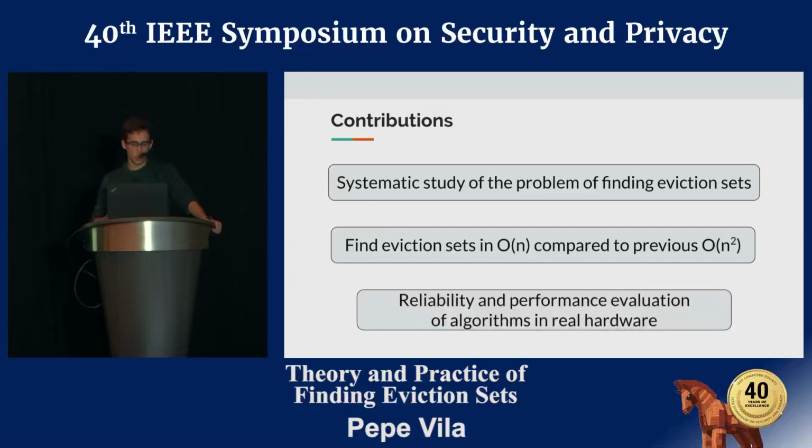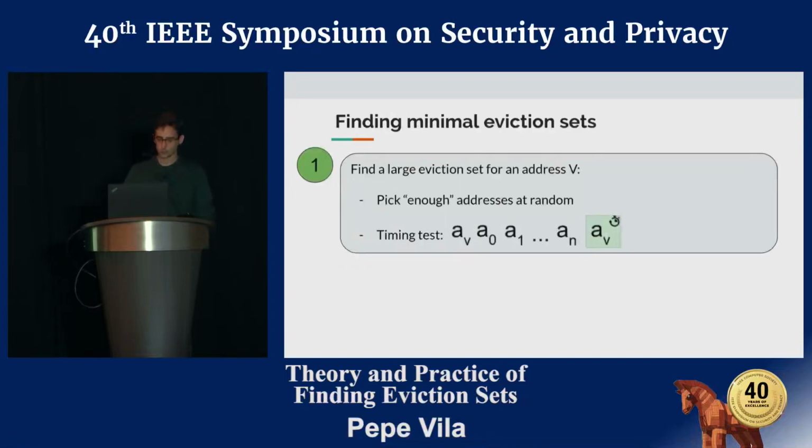And finally, we perform a reliability and performance evaluation of these algorithms on real hardware. This is important because, as we will see now, this contribution is not only a theoretical improvement; our algorithm is easy to implement and provides a crucial performance increase in practice.